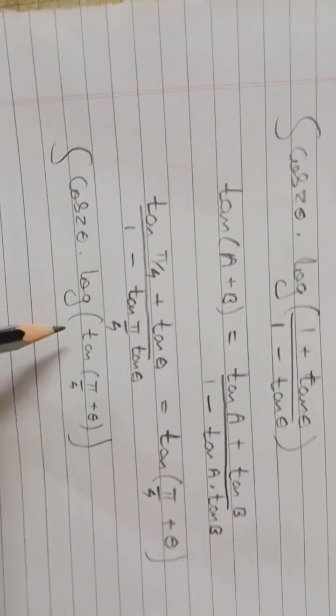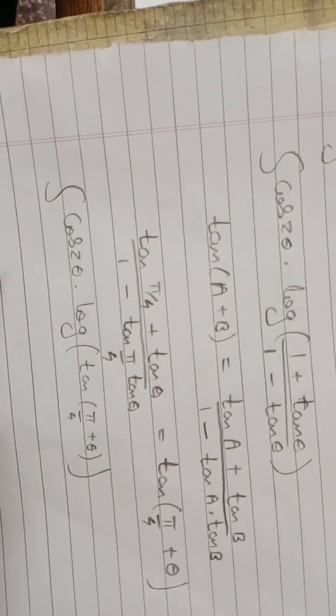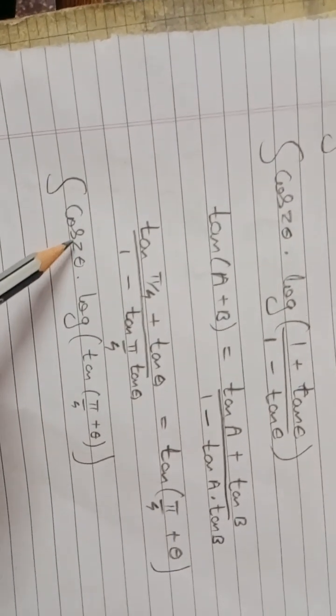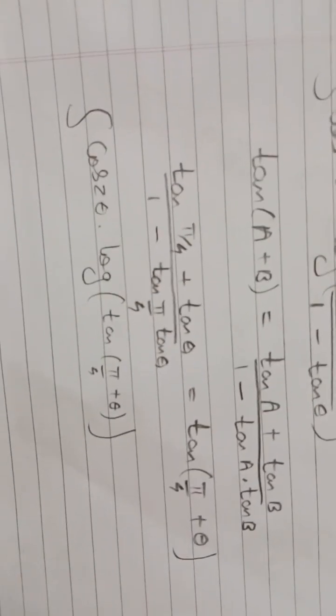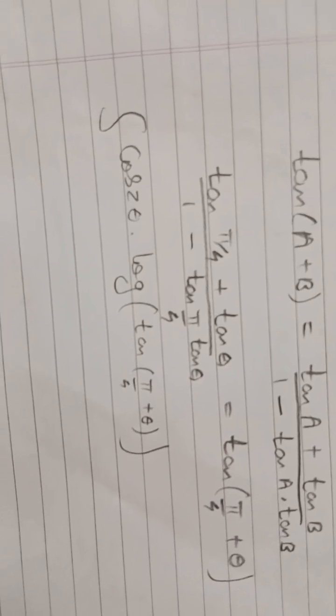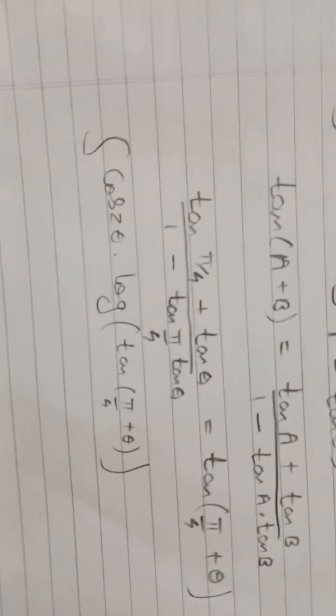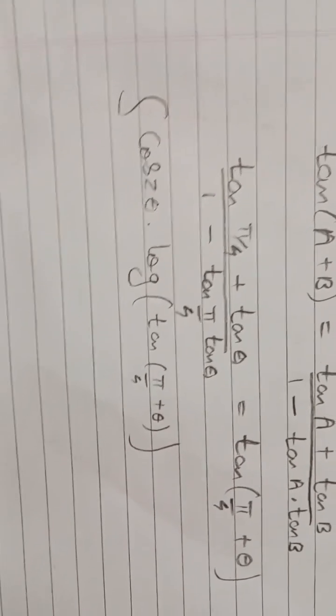Now if we have to convert this into a more simplified form, we can't do it because we don't have any formula of cos 2 theta which gives us a derivative in terms of tan. So we need to use integration by parts here and solve this further. We can't use any simplification now.